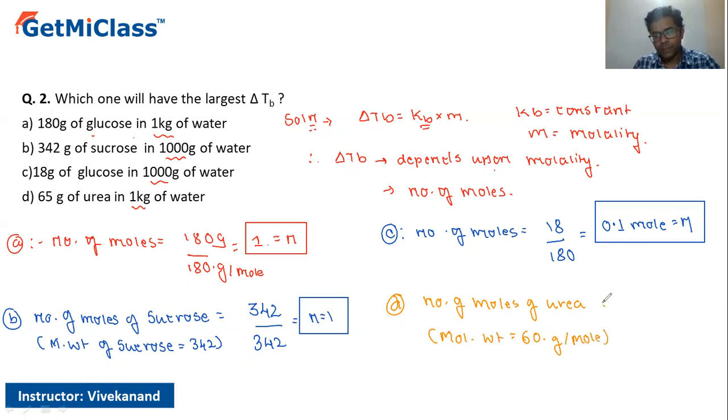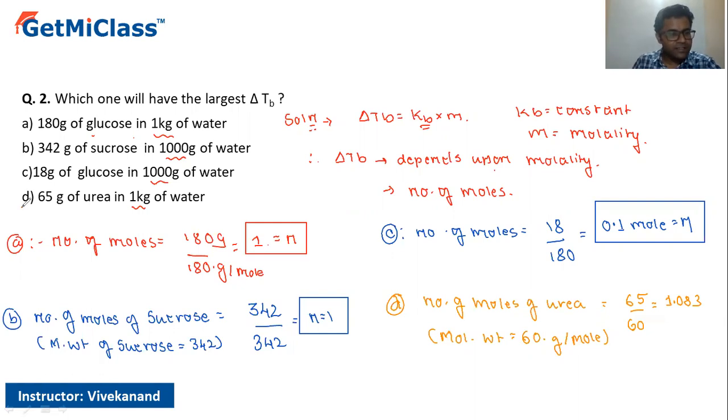Here, how much are they using? 65 grams has been added. Molecular weight is 60, so naturally it is going to have 1.083. So the number of moles is slightly greater when we compare to the rest of them.